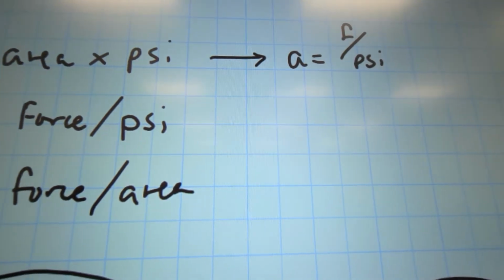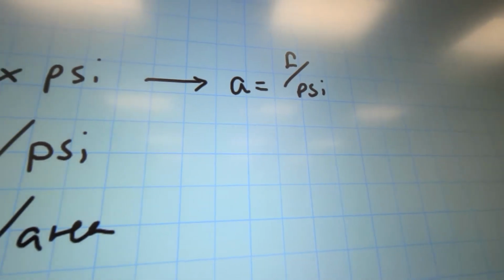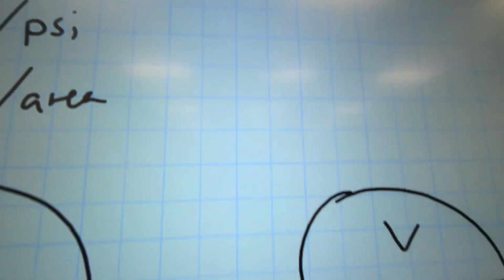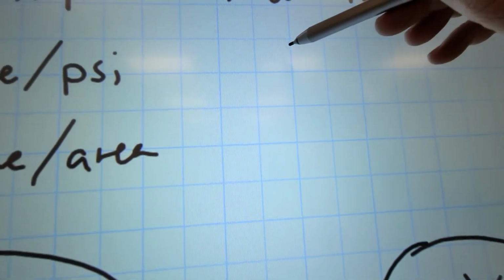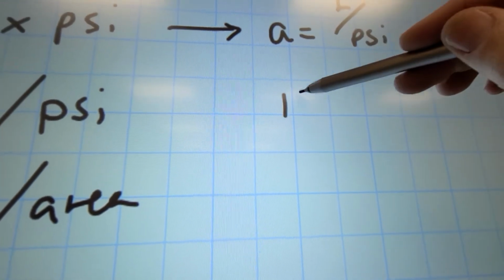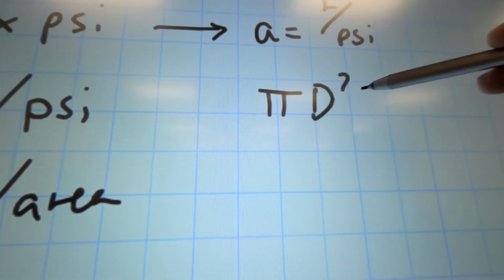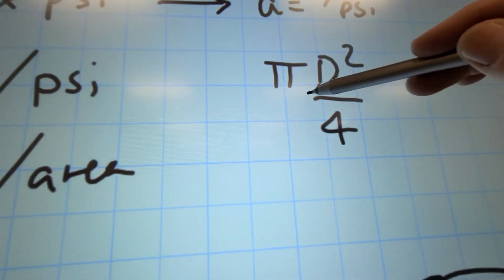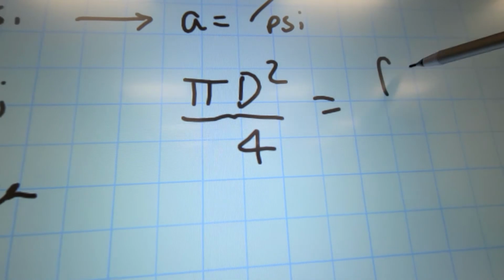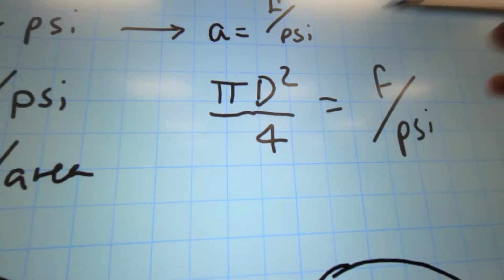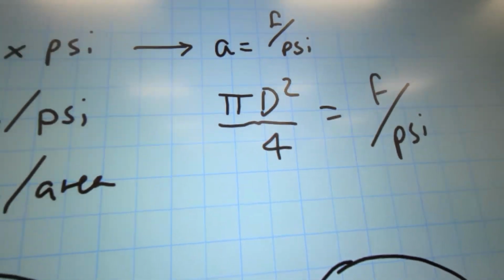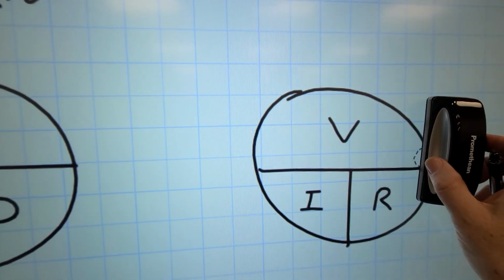But I'm not really interested in the area, I'm interested in diameter, right? So from this equation, let me rewrite this. There's a little bit of basic math here. So d squared over 4 equals force over psi. So if I rearrange this one more time, let me erase my electrical diagram. Don't need that.